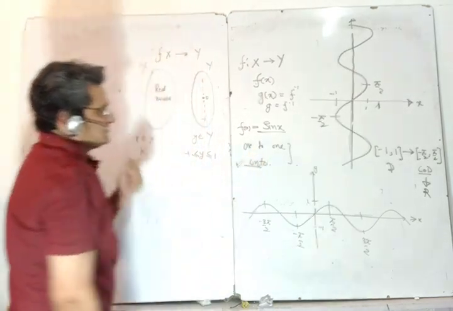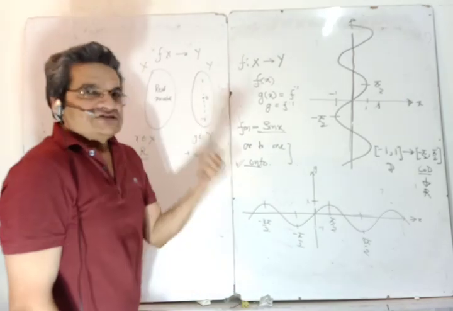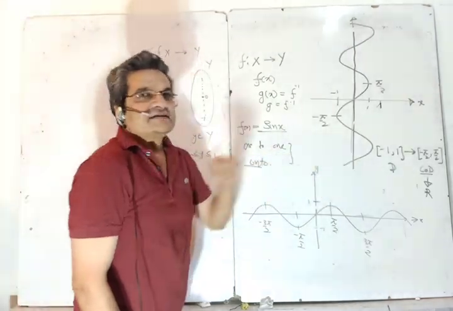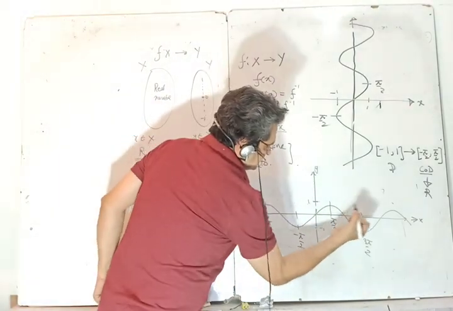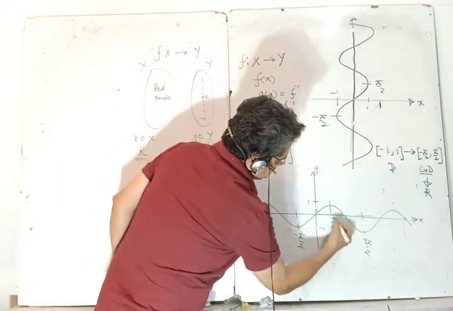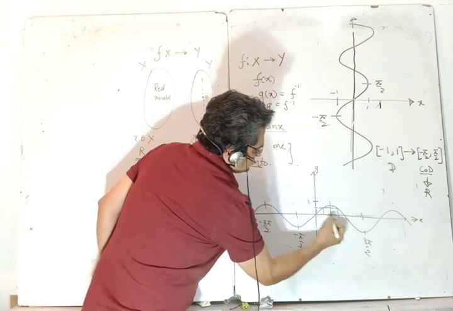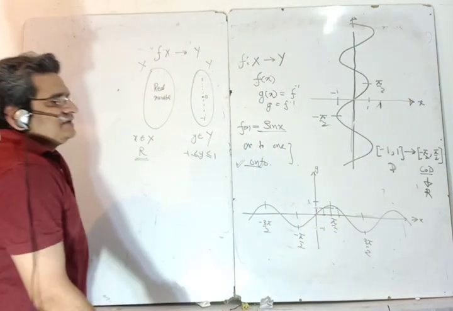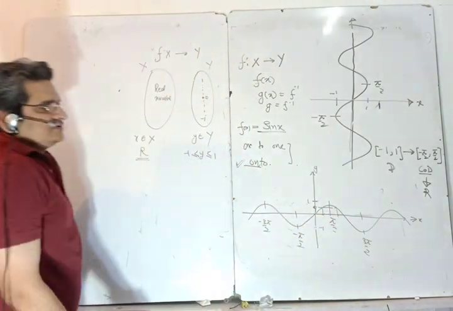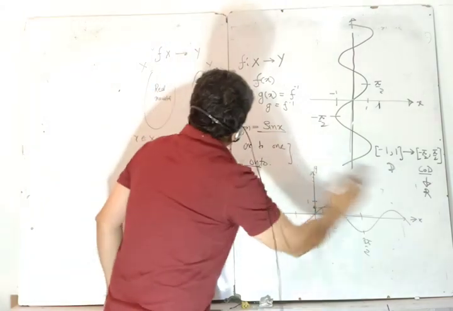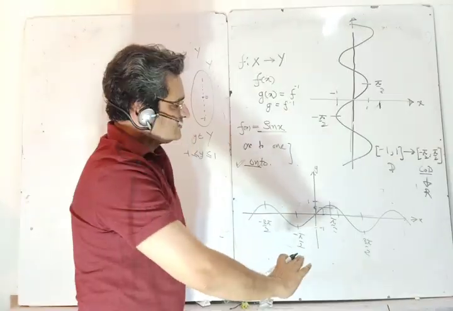Whether it is 1 to 1, each element in X should have a distinct image in Y. But that doesn't happen, because if I take this and this, two different elements in X give me same image in Y. So in this entire domain, my sine function is not a 1 to 1 function.